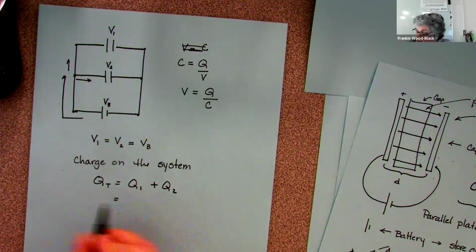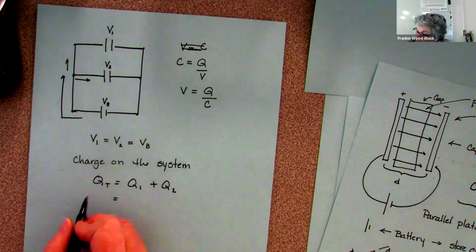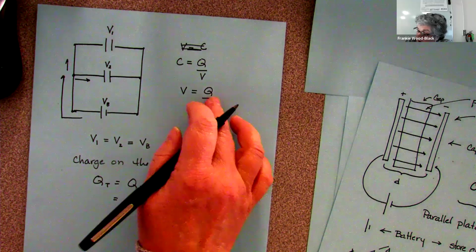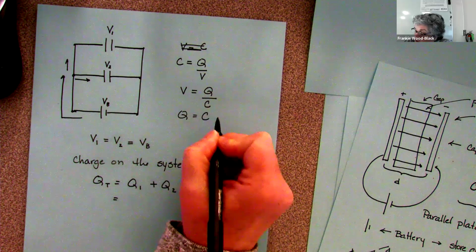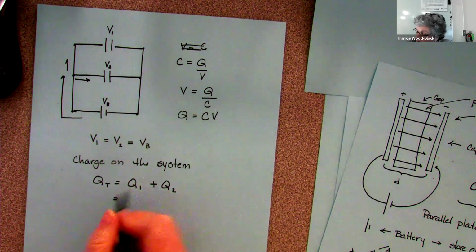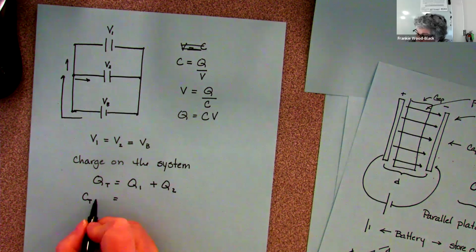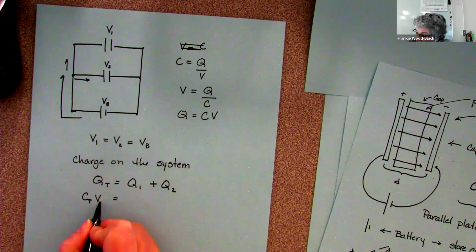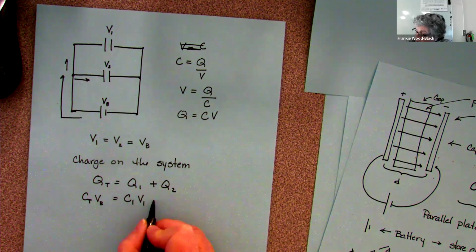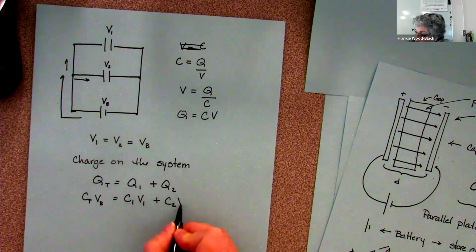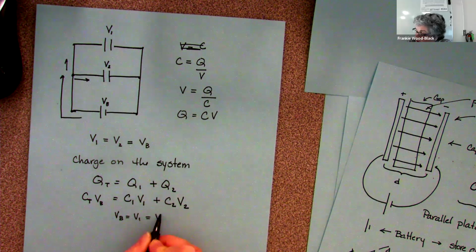Well, the charge on my system here is going to equal, if I do charge is equal to C times V, the C total times the voltage for my battery, which is equal to the capacitance on 1, voltage on 1, plus capacitance on 2, voltage on 2. But we know that VB equals V1 equals V2.